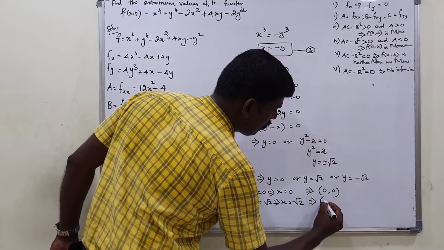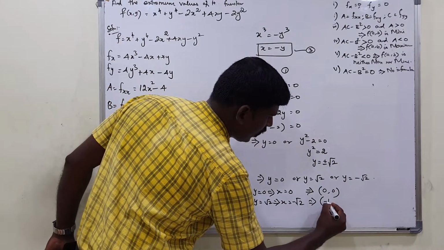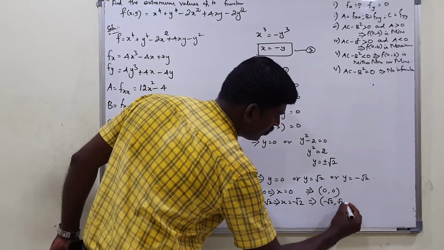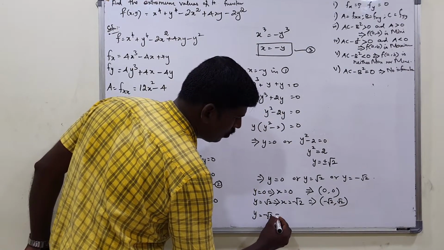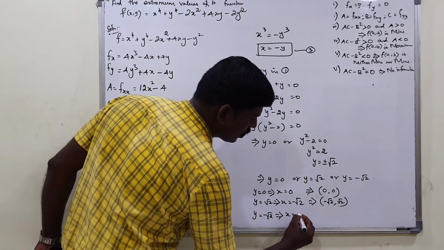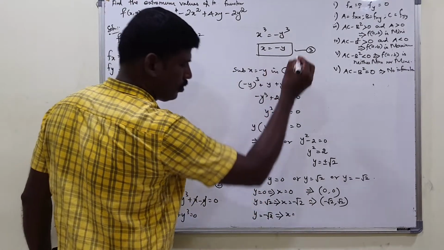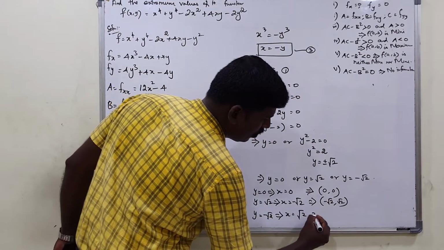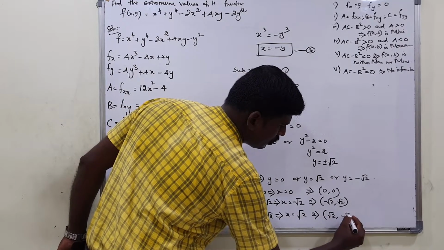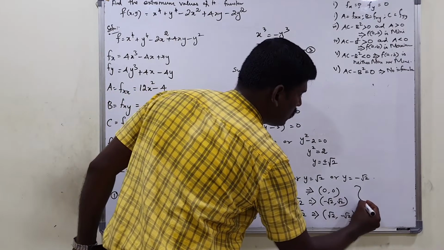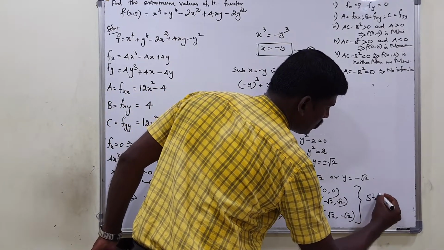So the points, first x coordinate and then y coordinate: y equal to minus root 2 implies x equal to minus of minus root 2, it is plus root 2. This implies x is plus root 2 and y is minus root 2. So all these 3 points are called stationary points.